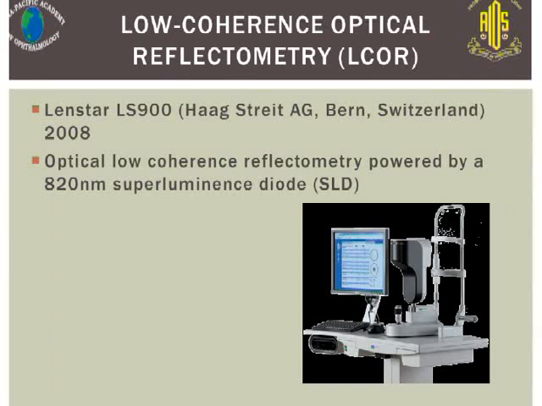Back to the biometers. The Lenstar LS900 was more recently developed in 2008, making use of the principle of optical low coherence reflectometry powered by a superluminescent diode. A higher resolution can be achieved with the superluminescent diode than the multimode laser diode, and as a result, the refractive structures within the cornea, the anterior chamber, the lens, and the retina can be displayed and measured.